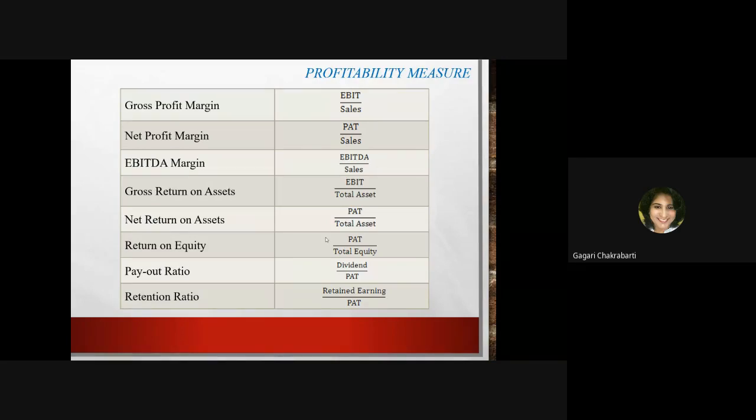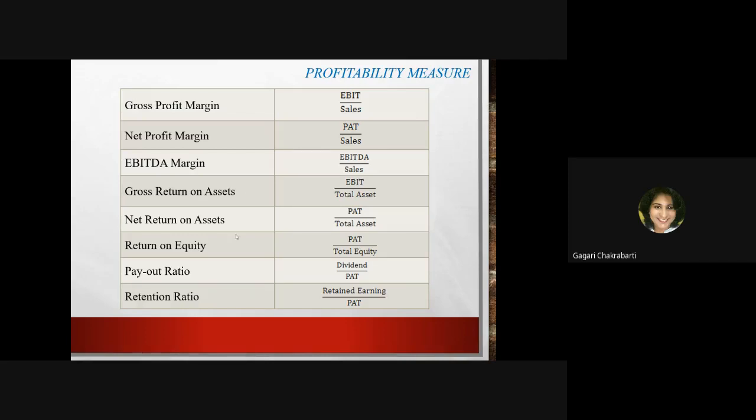So suppose we are going by the stockholder theory, so that we are not talking about responsible investment right now. It is very important to benefit the shareholders. So if that is our objective, then return on equity will be a true measure. This is defined as profit after tax by total equity, or net profit generated per unit of the total stockholders' equity. So this return on equity will be very important for the equity holders, right?